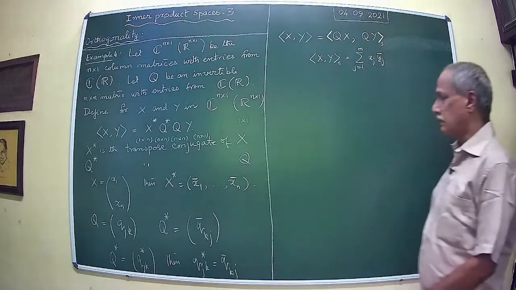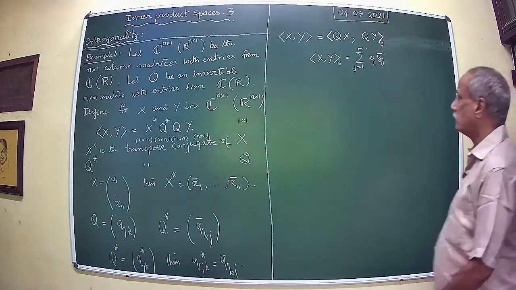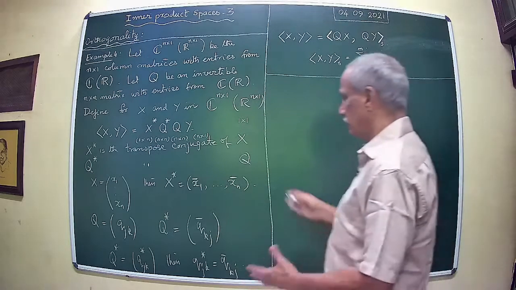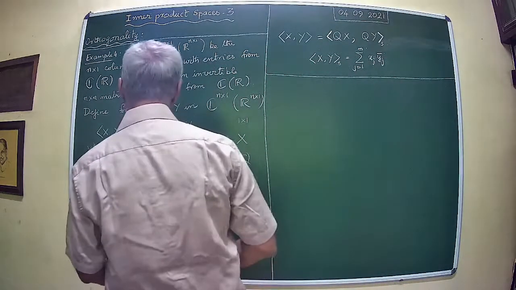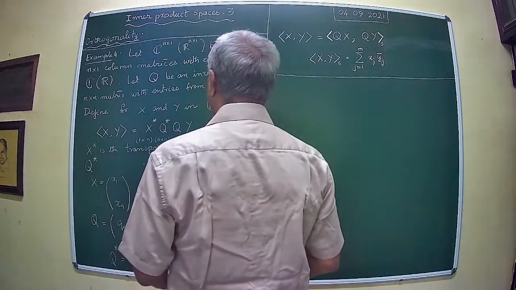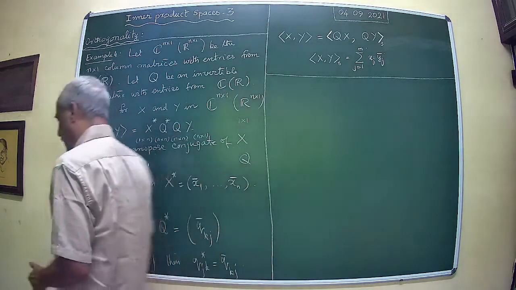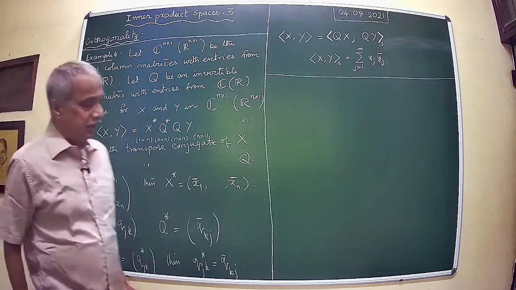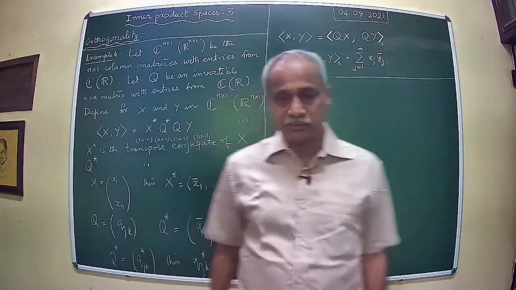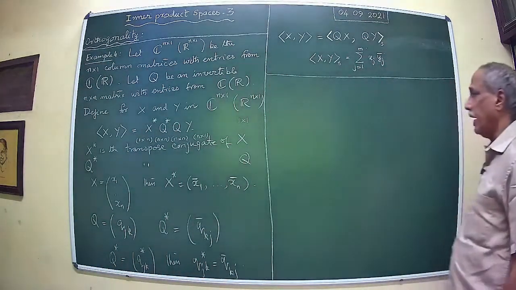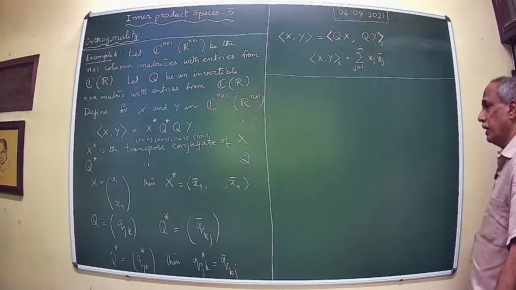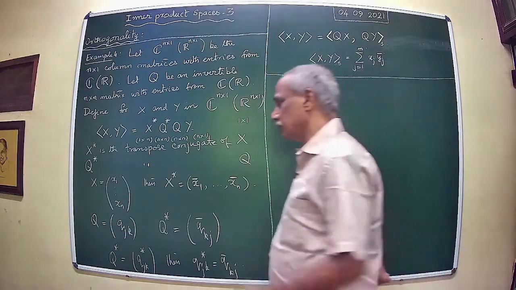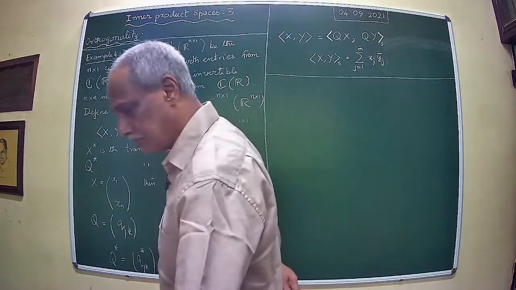So that is what you have. What is significant is that Q is an invertible n by n matrix. So for every invertible n by n matrix, you have an inner product defined in this way.